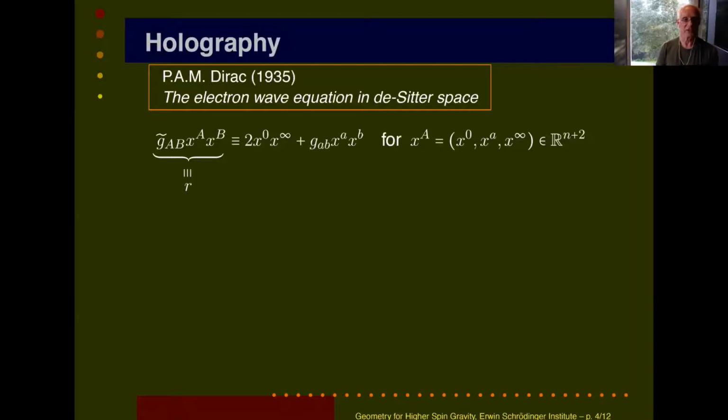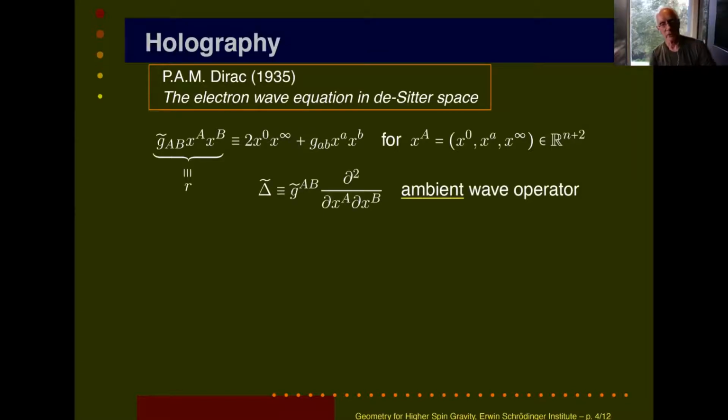So let's give this metric a name. We'll call it R. And also, you can introduce the inverse metric. You can tell because this new metric has upstairs indices rather than downstairs indices, acting on this space by means of what would be the Laplacian, except it's got a funny signature. So it's a wave operator.